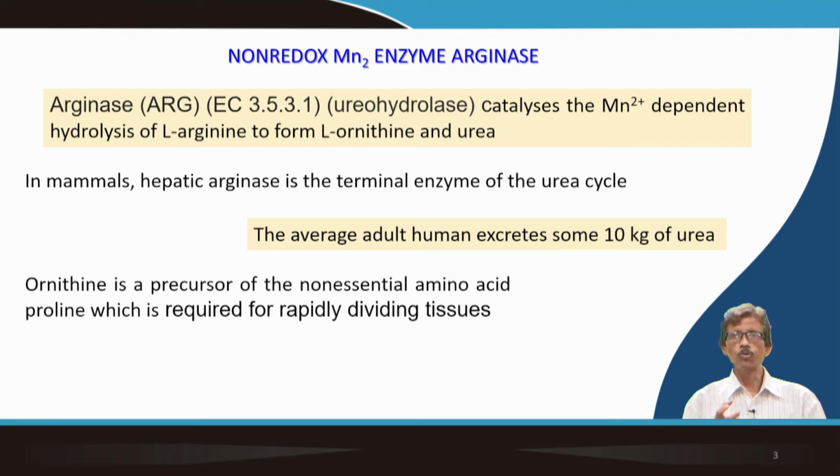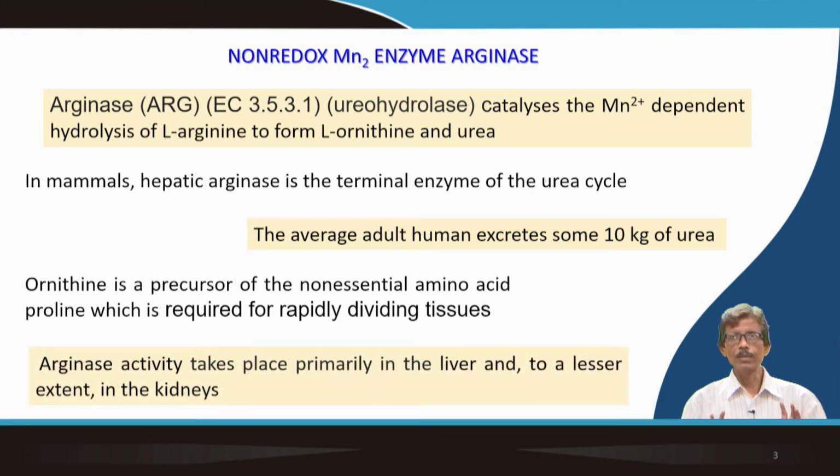If we are not getting it through food, we try to get it from other mechanisms, and that is why arginase is available. The manganese centers of arginase will cut one part of the L-arginine such that urea can be removed, and you end up with L-ornithine. This L-ornithine can then be utilized for the production of the non-essential amino acid L-proline.